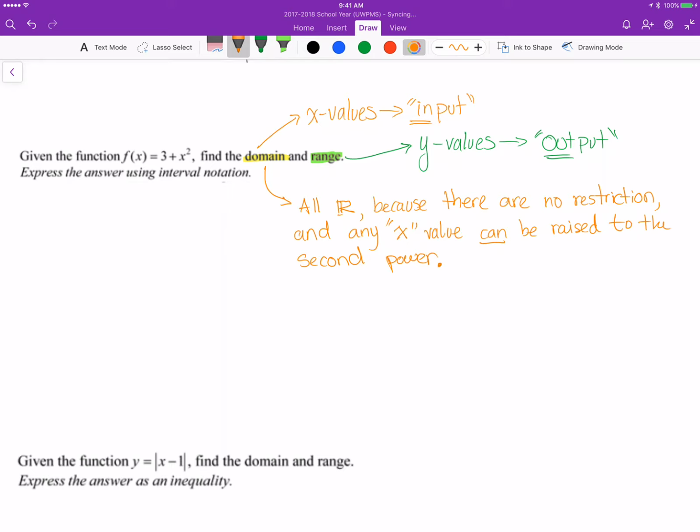What do I mean by that? If I look at the equation, it can be raised to the second power.